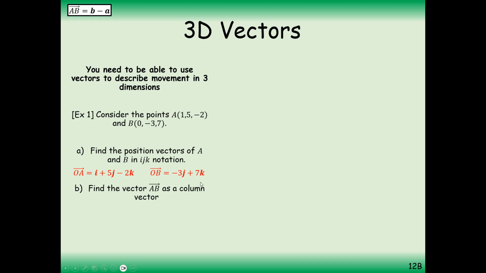So in part B, we are asked to find vector AB as a column vector.